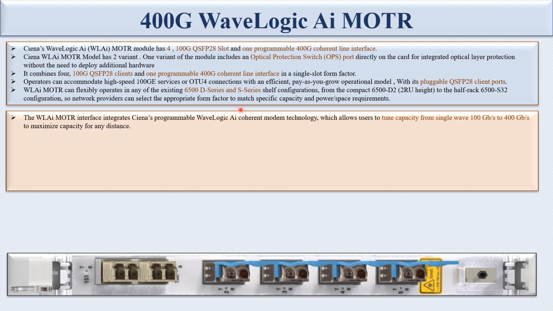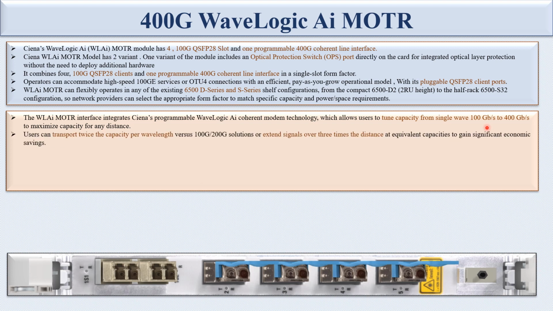The WLAI MOTR interface integrates Ciena's programmable WaveLogic AI coherent modem technology, which allows users to tune capacity from single wave 100 Gbps to 400 Gbps to maximize capacity for any distance. Users can transport twice the capacity per wavelength versus a 100G to 200G solution, or extend signals over 3 times the distance at equivalent capacities to gain significant economic savings.